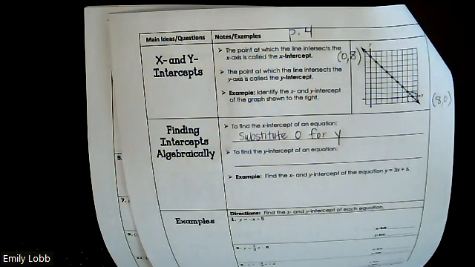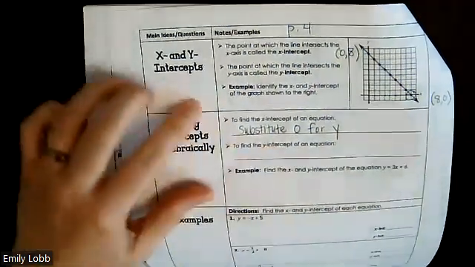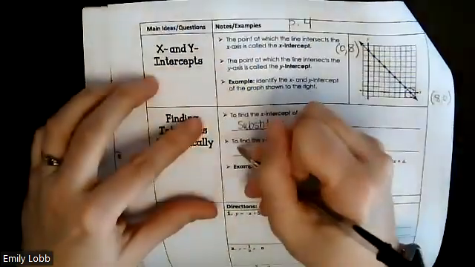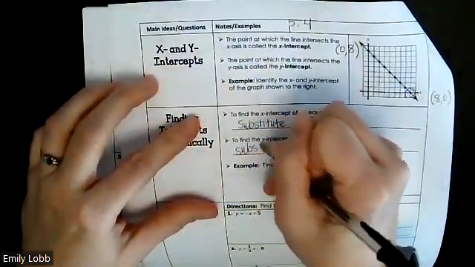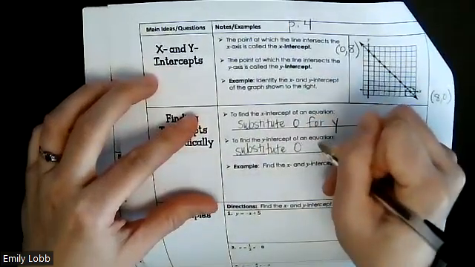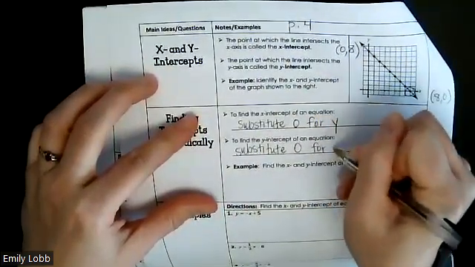And to find the y-intercept of an equation, we're going to substitute 0 for x.